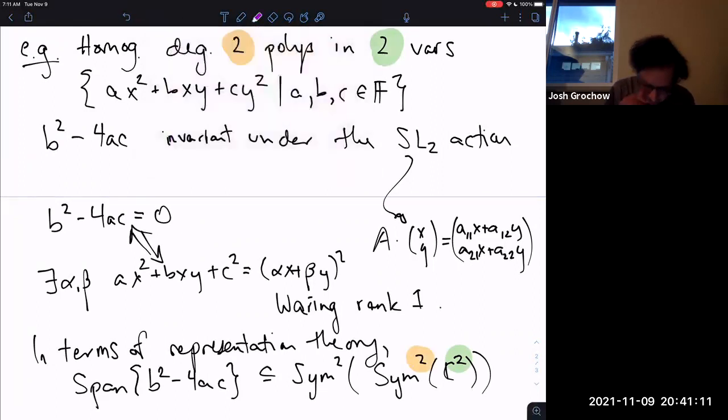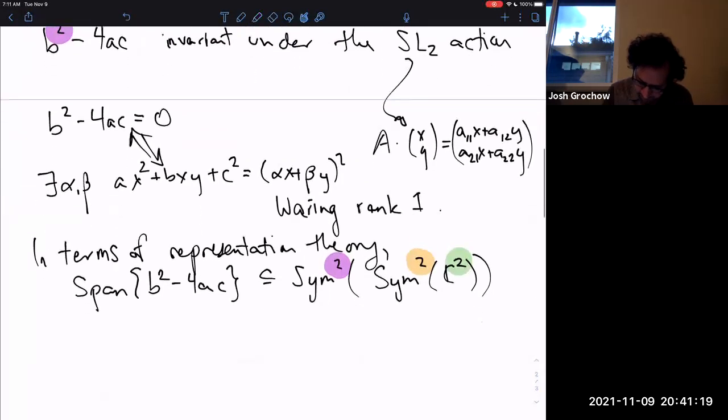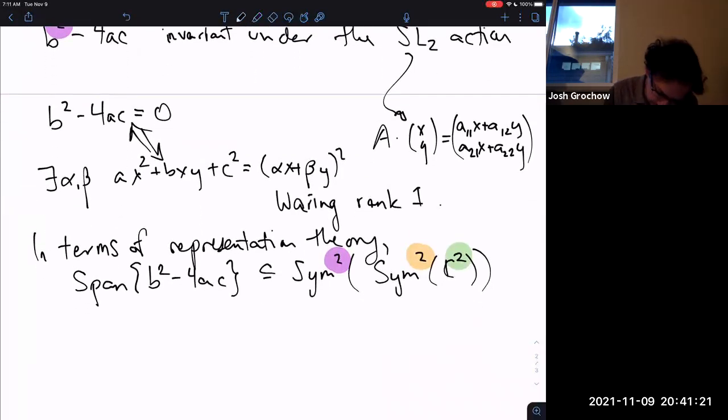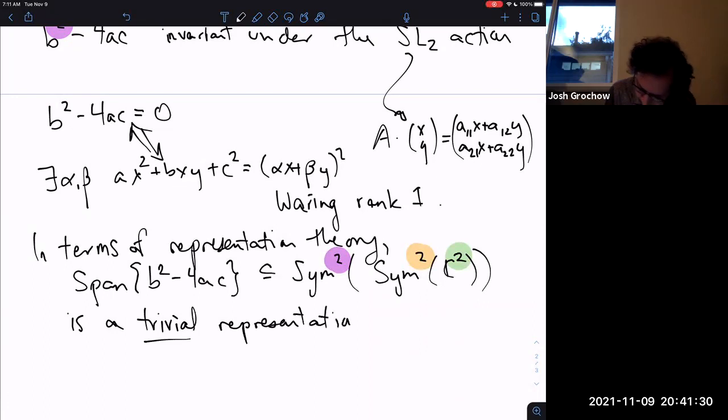And then b squared minus 4ac itself is degree 2. And that's this 2. Okay. So this span, this is a trivial representation of SL2.